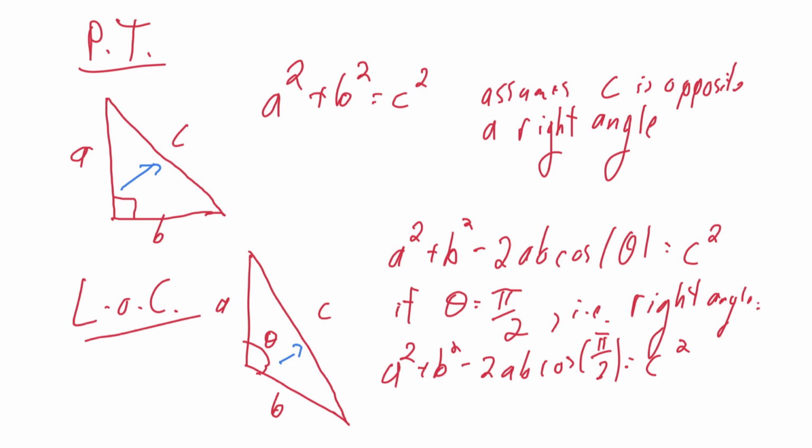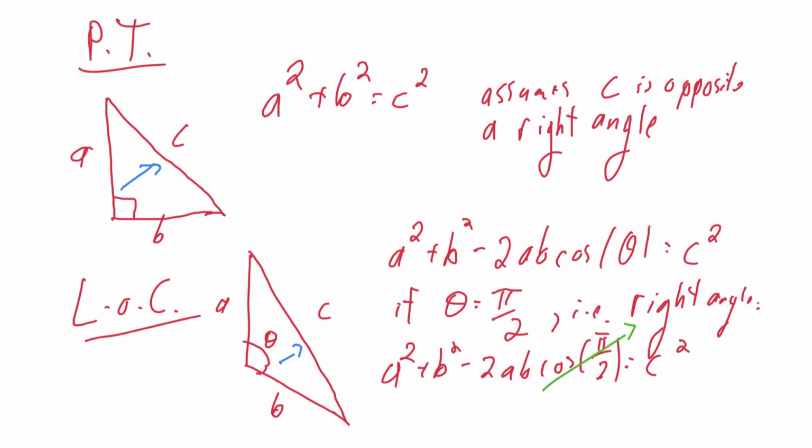And we just have to notice one thing: what is cosine of pi over 2? It's 0. So this whole term goes away, and I just get a squared plus b squared equals c squared, i.e. the Pythagorean theorem. So I think this is remarkable.